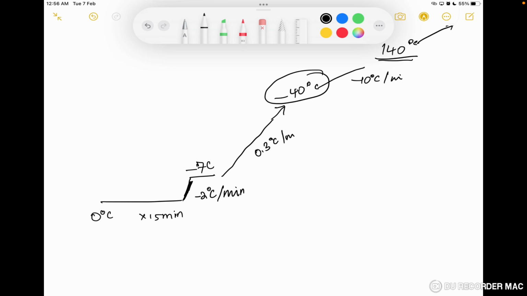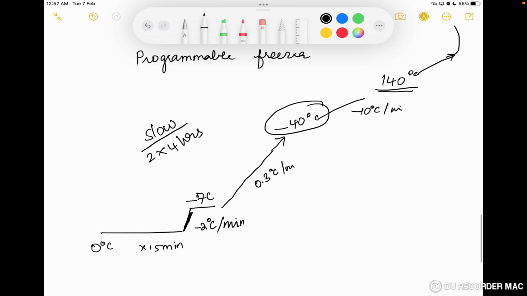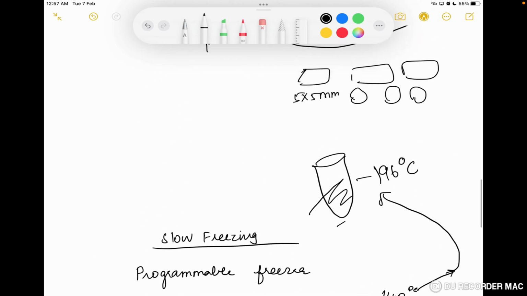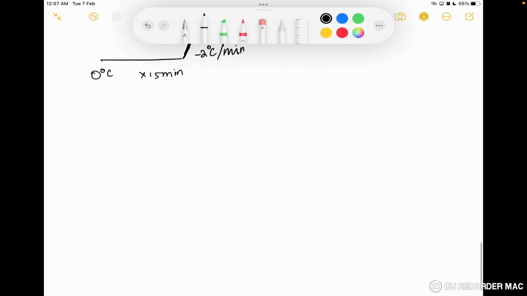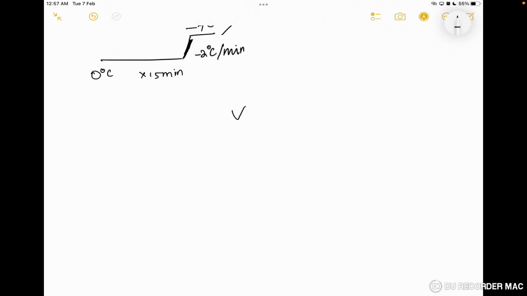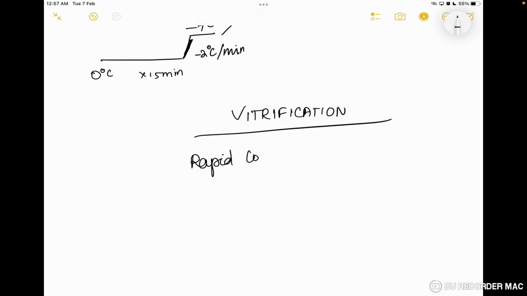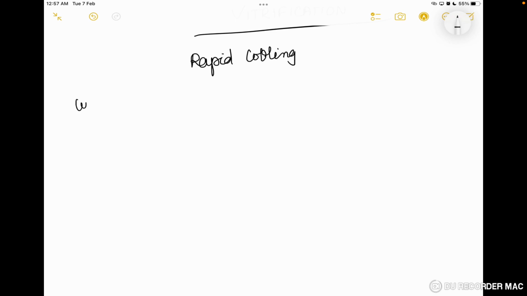As you can see, this method is very slow and time consuming. It takes nearly 2 to 4 hours. So this method is slowly becoming obsolete, and we are using a method called vitrification. Vitrification is a process which allows rapid cooling. Why is this important? Normally when you are cooling, there is a formation of crystals.